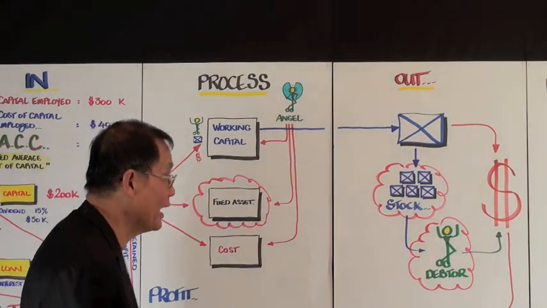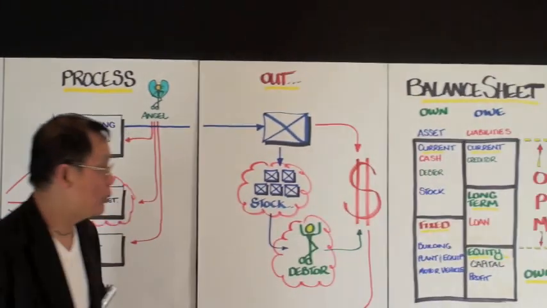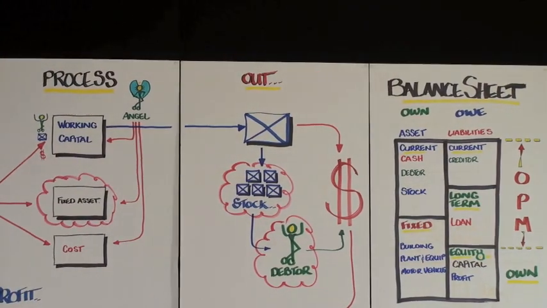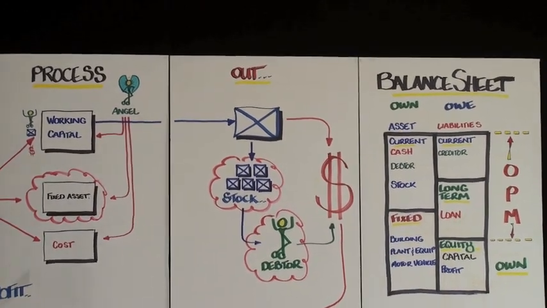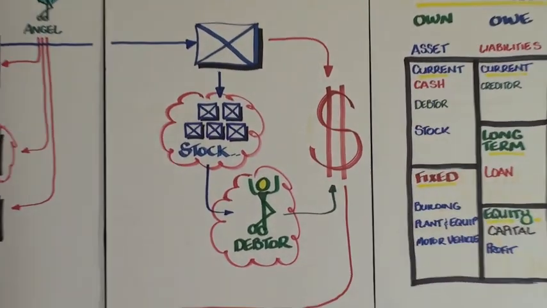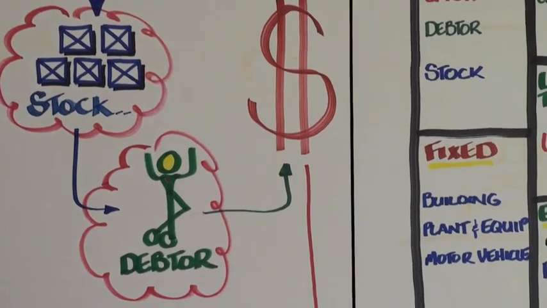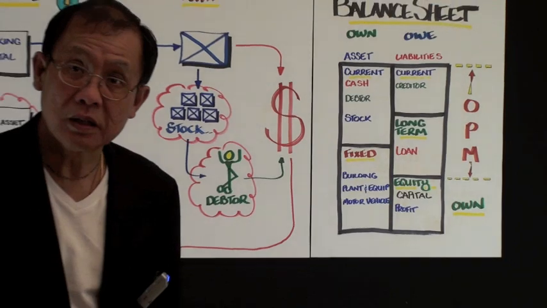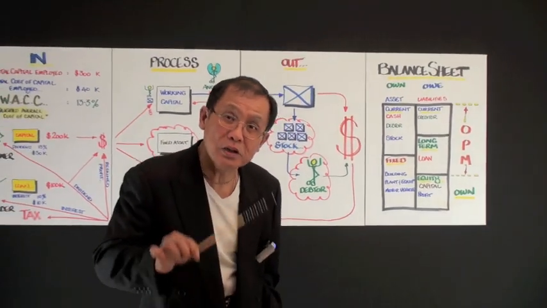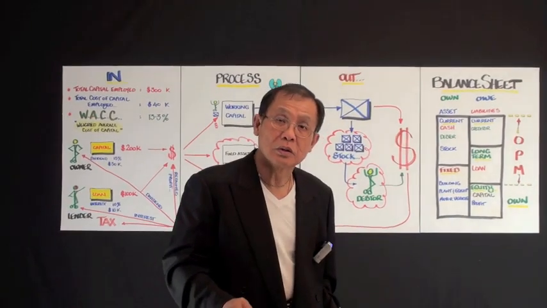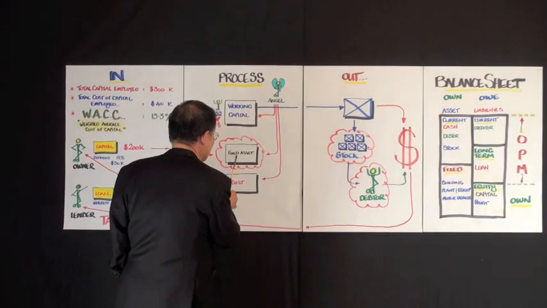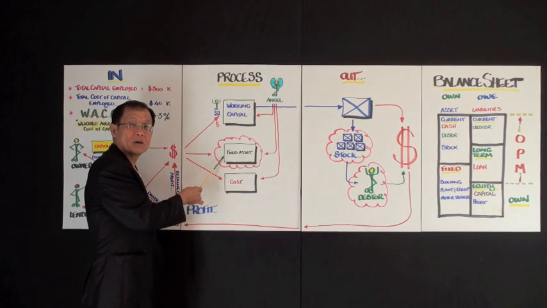Fixed asset is there to help working capital to produce. What are they? They are building, mainly plant equipment, motor vehicle. Why do you need building, plant equipment, motor vehicle? This is to help working capital. If this does not support working capital, you go back to your company, watch all the fixed asset. If they are not properly utilized to help working capital to make more money, it is nothing but a blood clot.